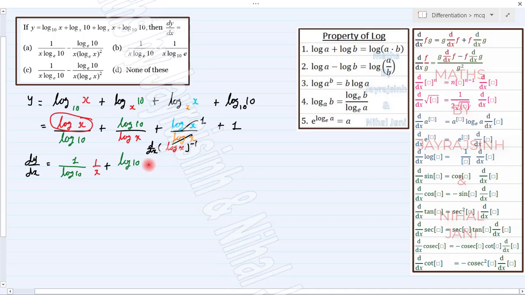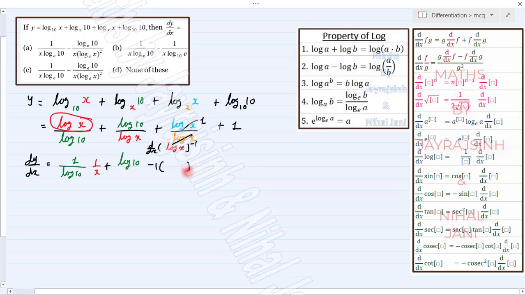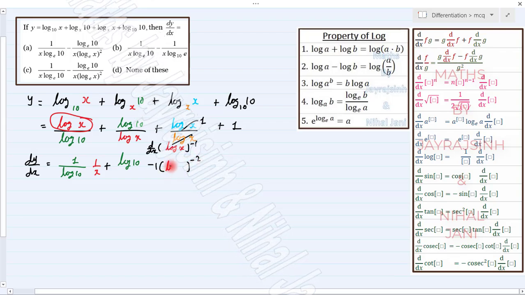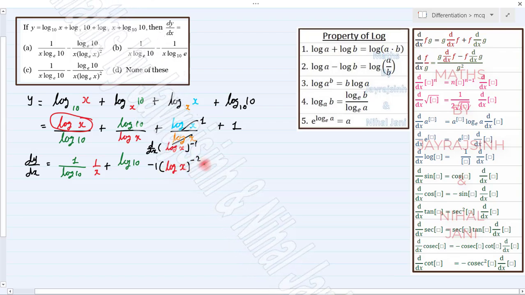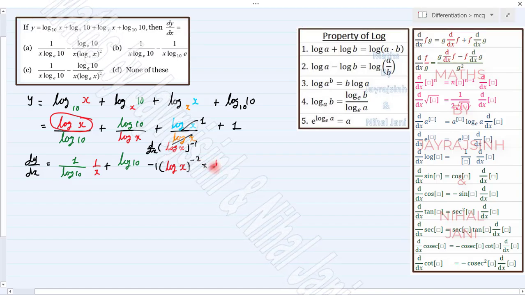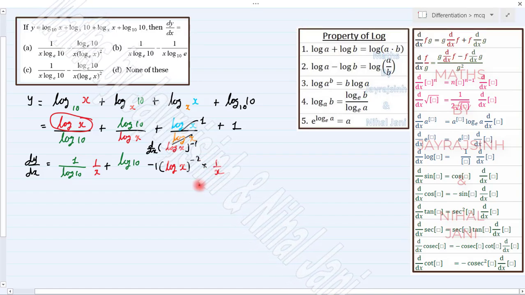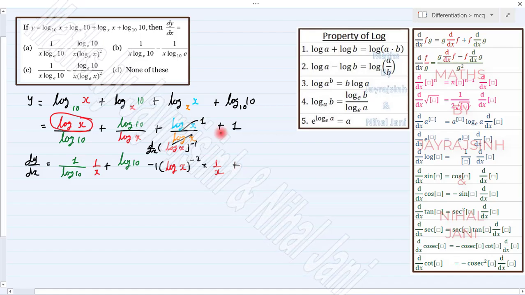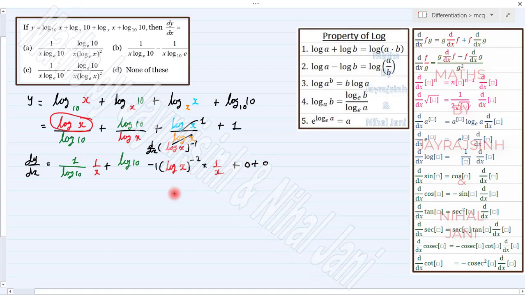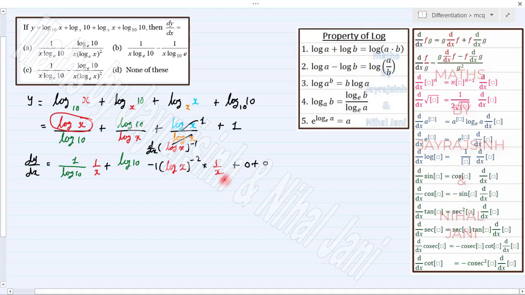So its differentiation will be minus 1 box raised to minus 2, and within the box we have log x. So we have to multiply differentiation of log x, which is 1 by x, plus differentiation of rest of the two terms will be 0 because it's a purely constant term.